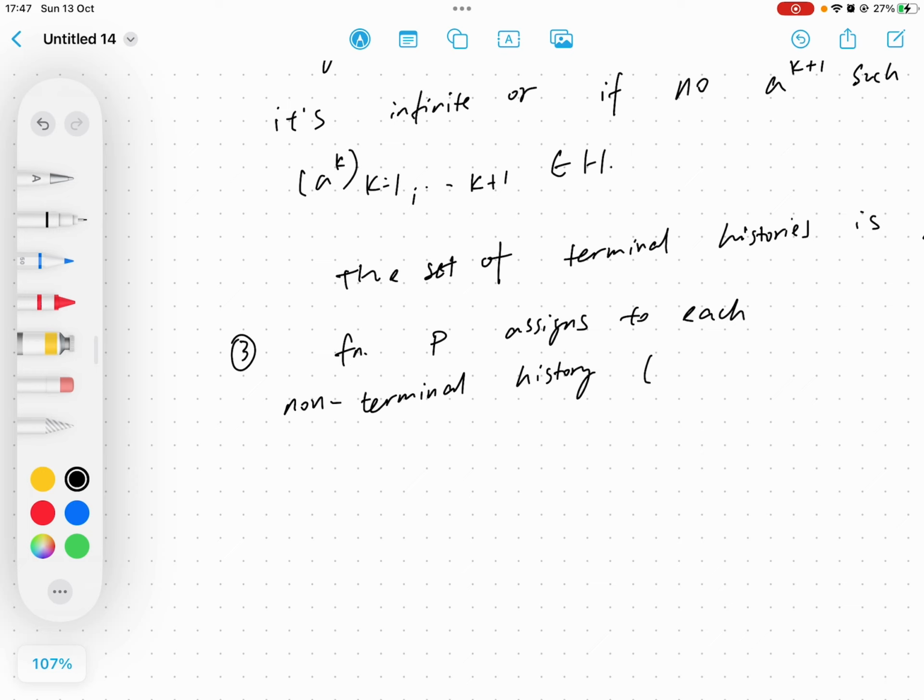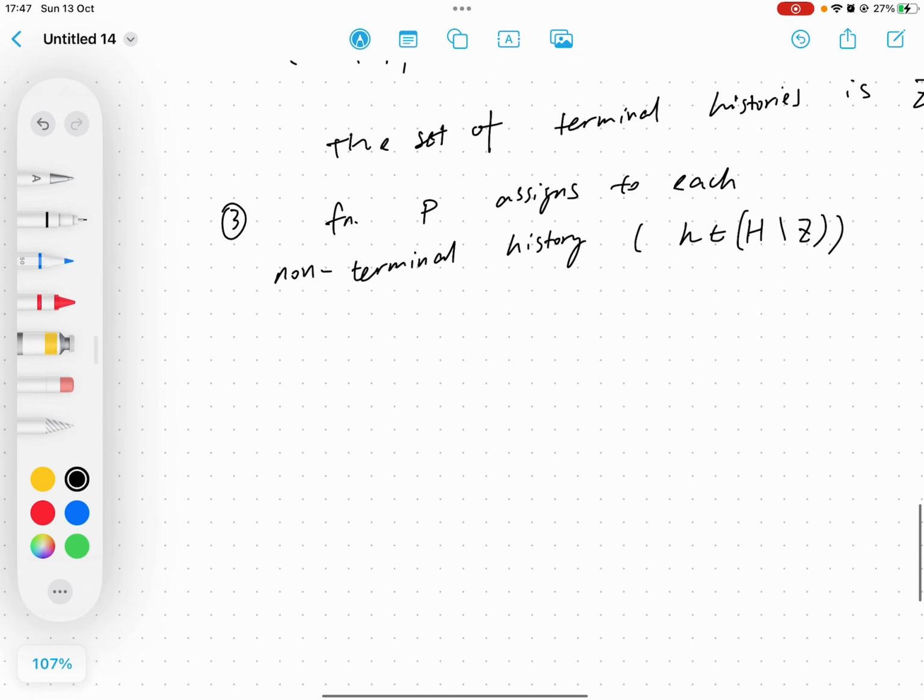So it means that each member in H excluding Z, so the history but not the terminal, right? P assigns a member of N to that non-terminal history.